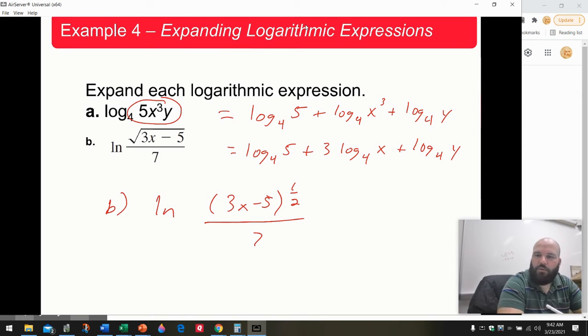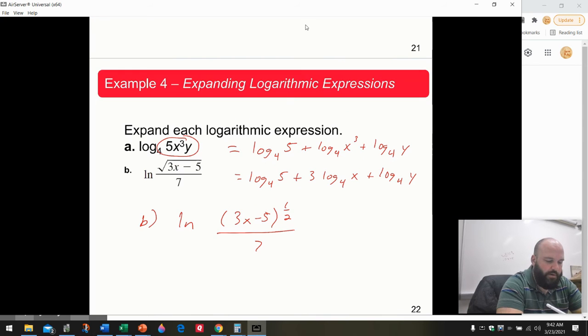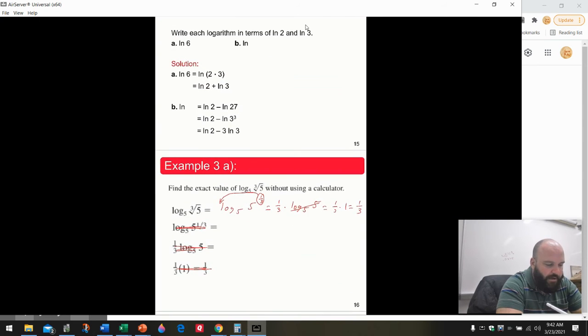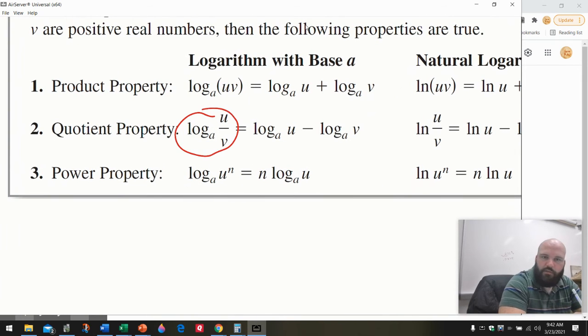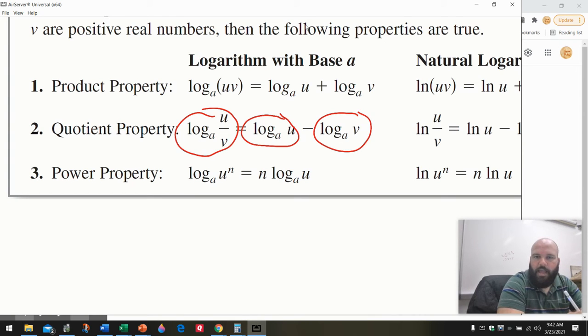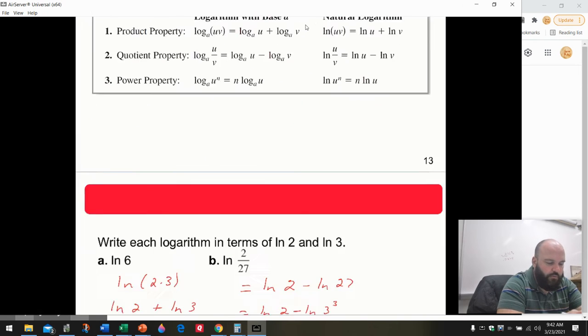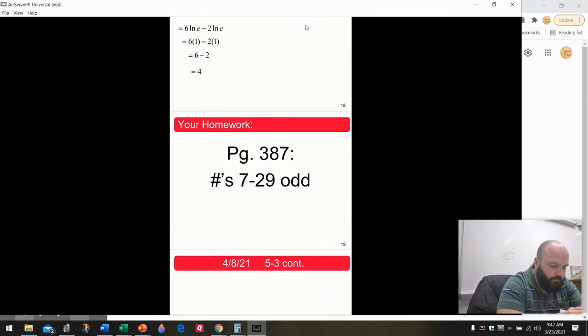Now, we will utilize the quotient property for this particular problem. If we scroll back up here to the quotient property, we can see that if we log a quotient, we can log the numerator and log the denominator separately and then subtract the two. So that is what we will do for this particular problem.